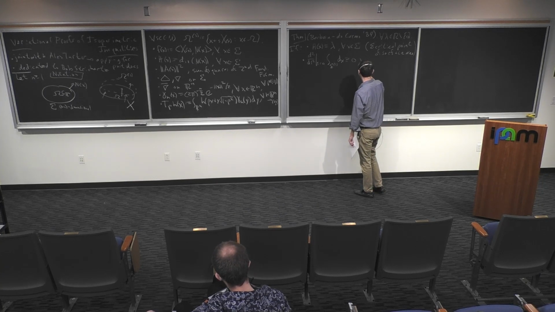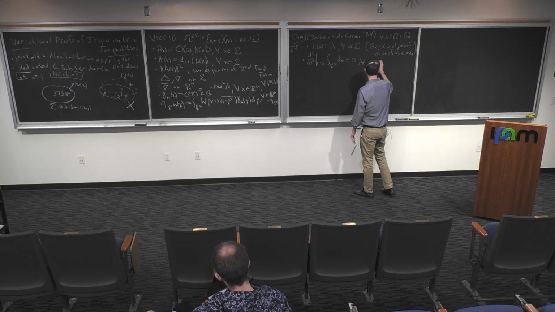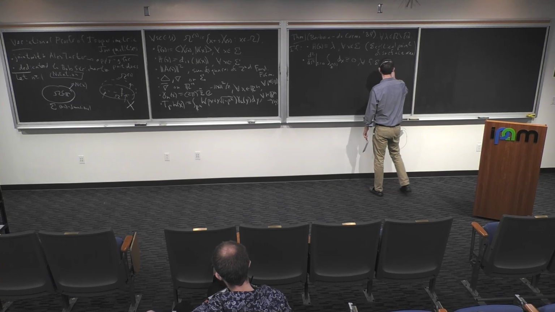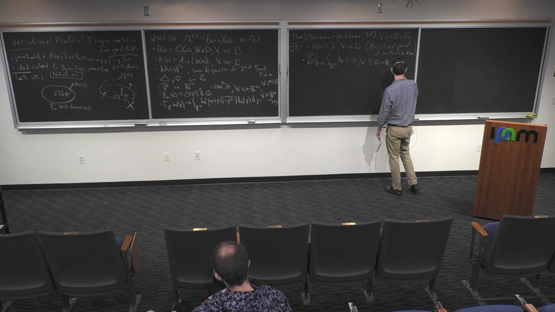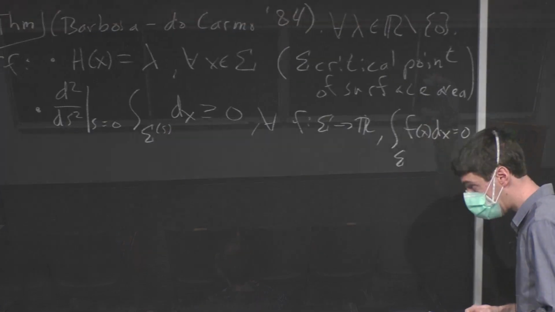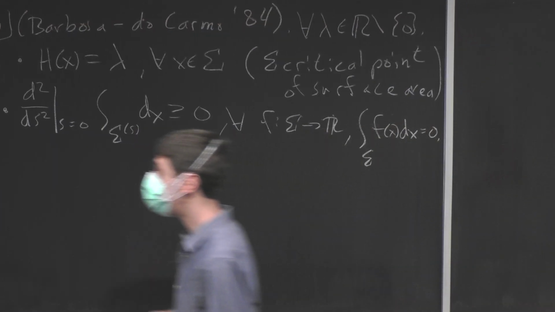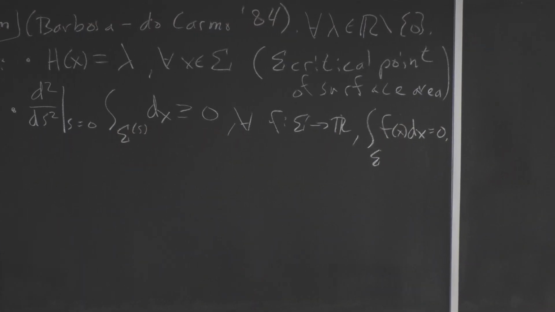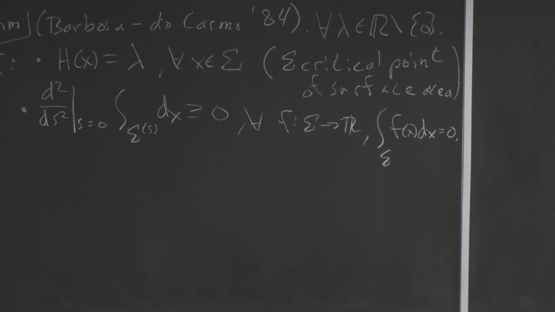So I can write this as for any f such that the integral on the boundary of f is 0. Remember what was the f? The f is the normal component of how the surface is being stretched around.